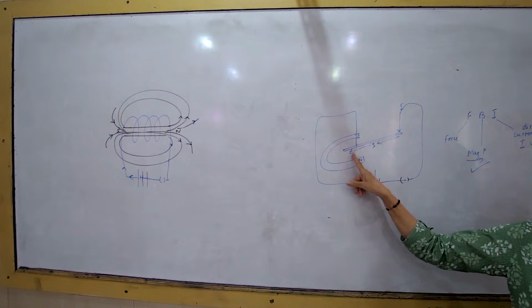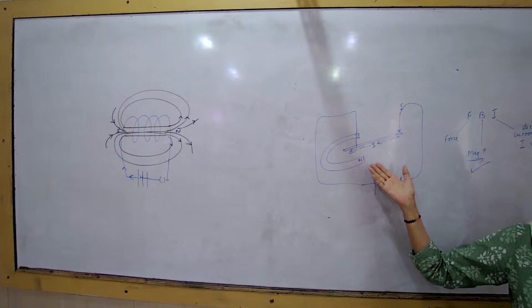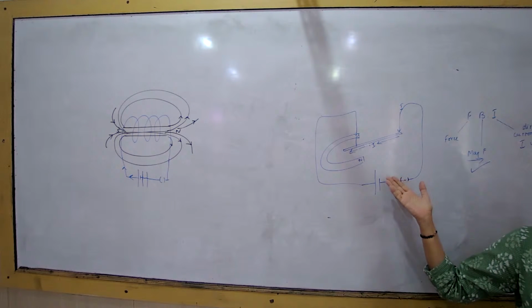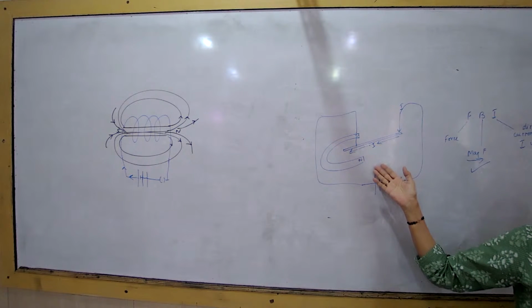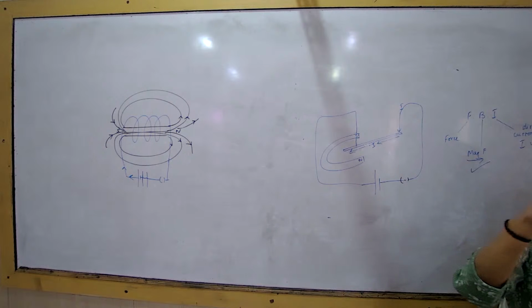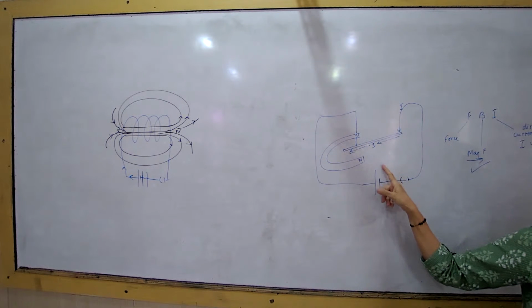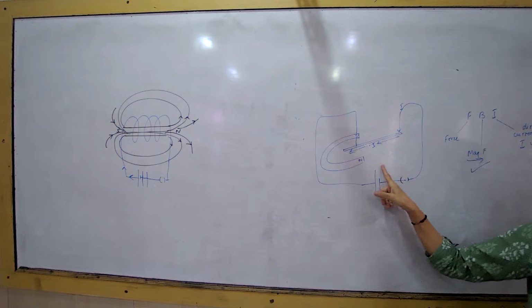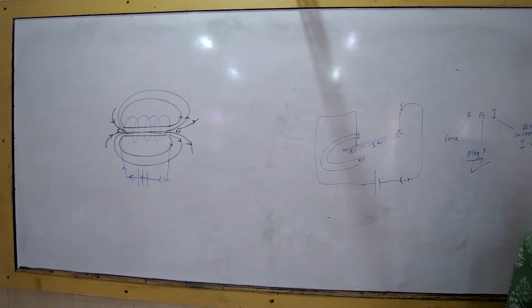What is the second thing that we can do? There's no coil at all here. In a solenoid there's a coil. What else can we do? Stronger magnet. Very good. You can use a stronger magnet. Did you understand? Here, instead of having only a simple magnet, you can use a stronger magnet.